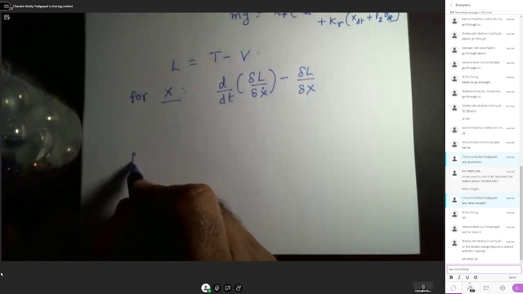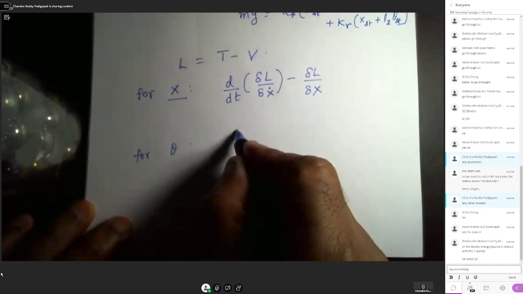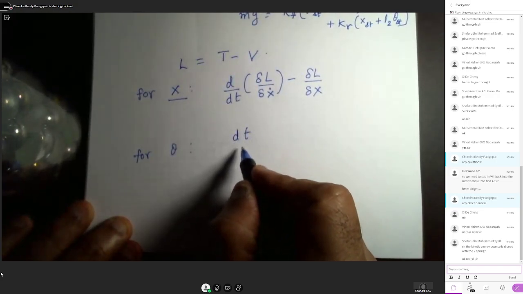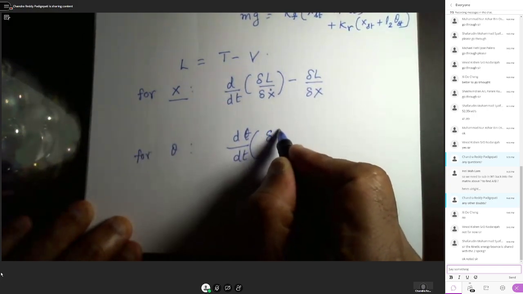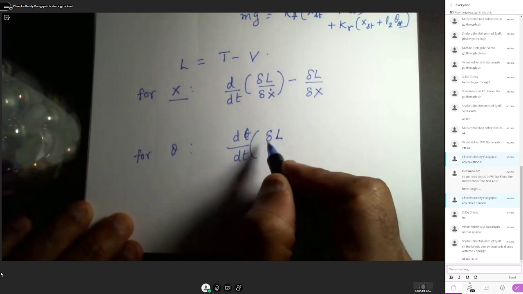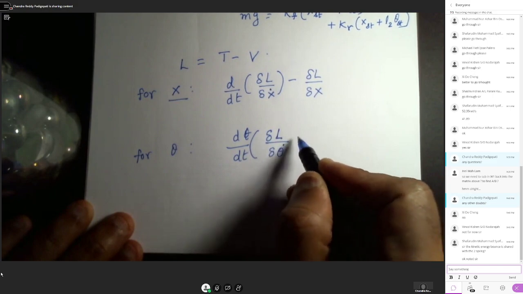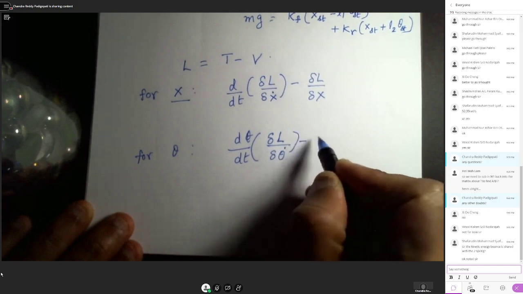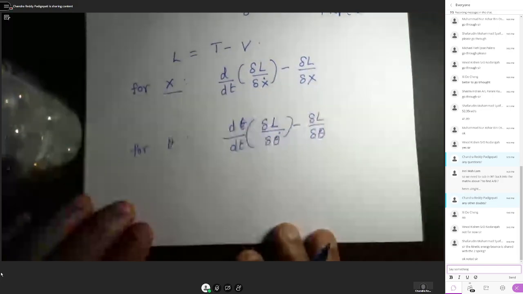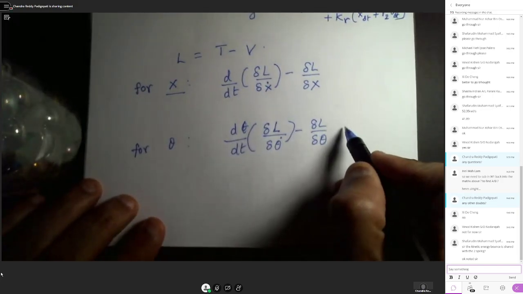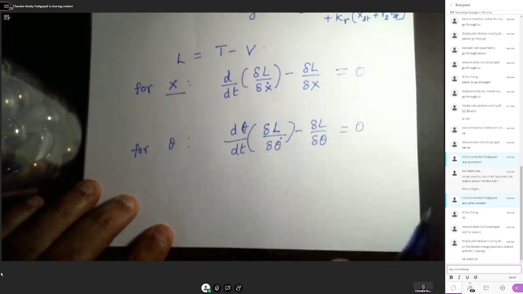So similarly for theta, you write d by dt of the partial derivative with respect to theta dot, minus the partial derivative of L over theta. In both cases you take it equal to 0.